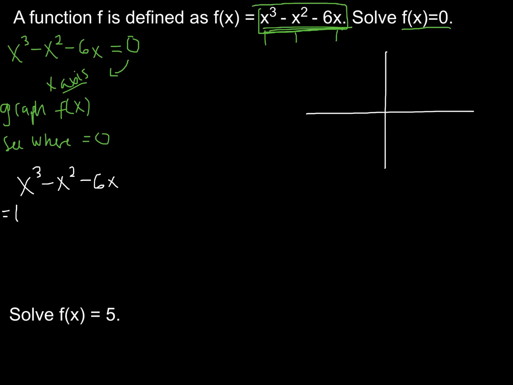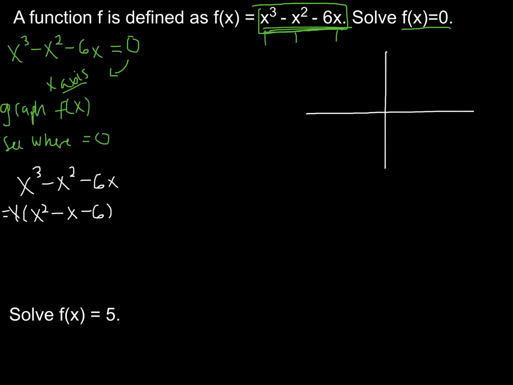So I'll have x times x squared minus x minus 6. Notice all I did was factor out an x. So now I would have x times x squared, give me x cubed, so on and so forth. And now I'm left with x, and is x a linear factor? It certainly is, right?